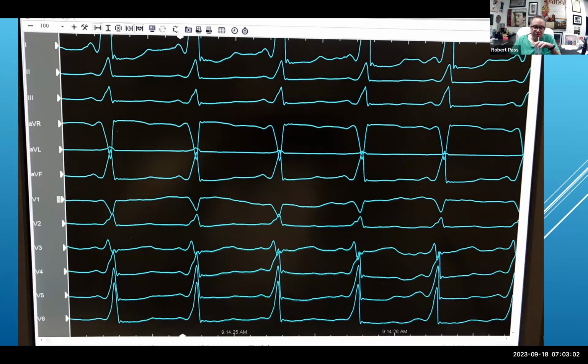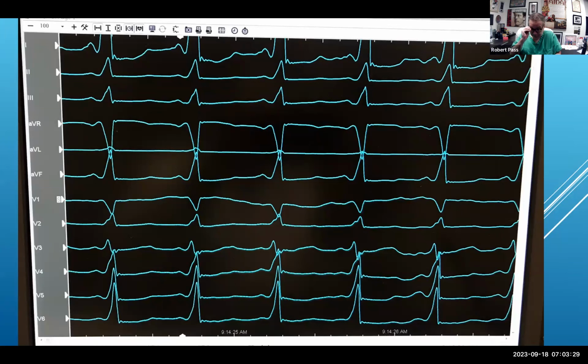In the EP lab, we're routinely running the paper speed quite a bit faster than the usual 25 millimeters per second that we see on a routine standard electrocardiogram. And that's because we're looking for subtle differences and interval changes that are harder to measure at slower paper speeds, which compress things.